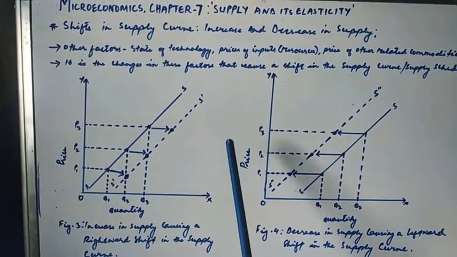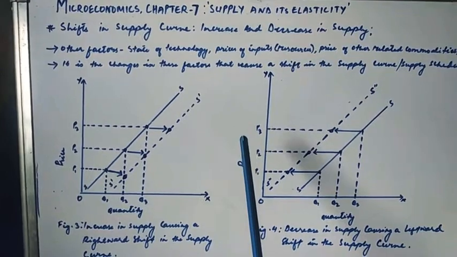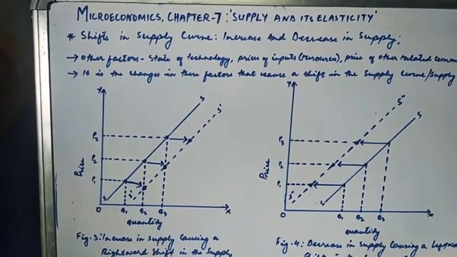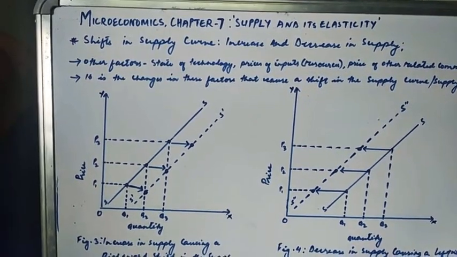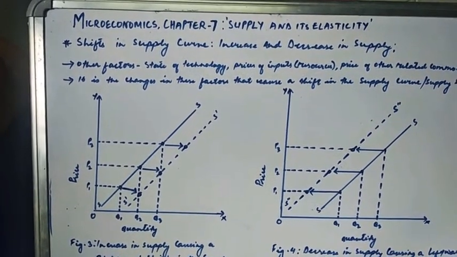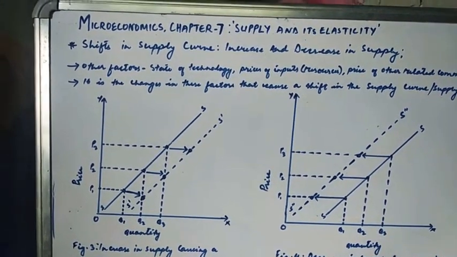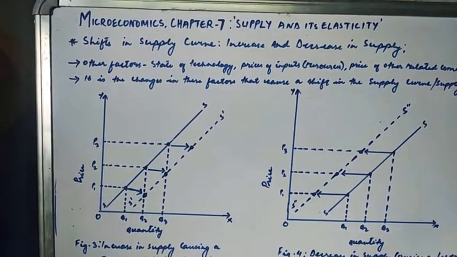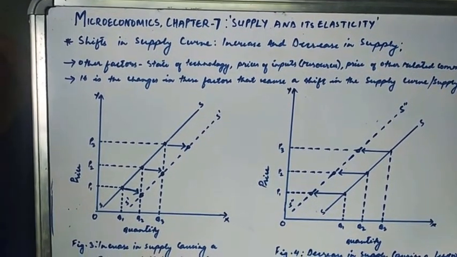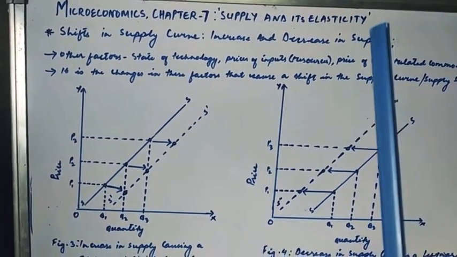So why does that shift in the supply curve occur? We shall see. In the law of supply, we have stated that the supply of a commodity in economics means the entire schedule, or the entire supply curve, depicting the relationship between the price and the quantity supplied of the commodity, other factors remaining constant.